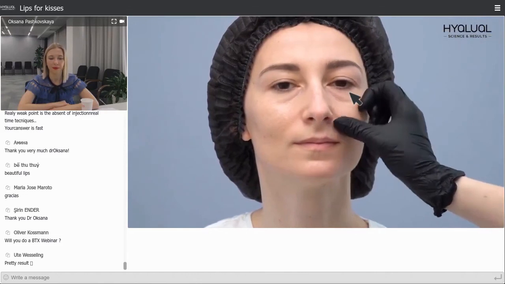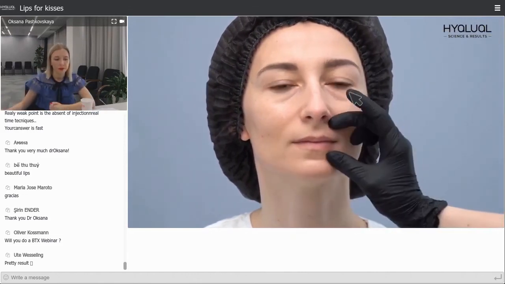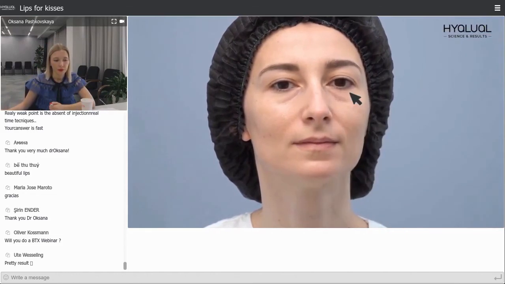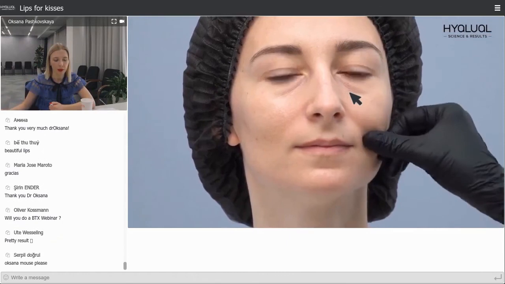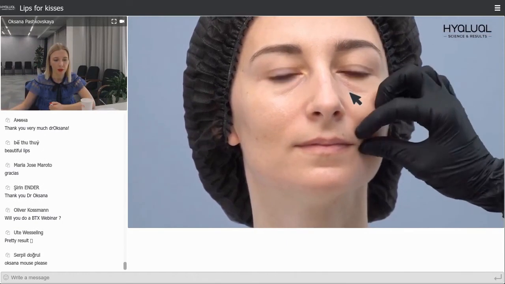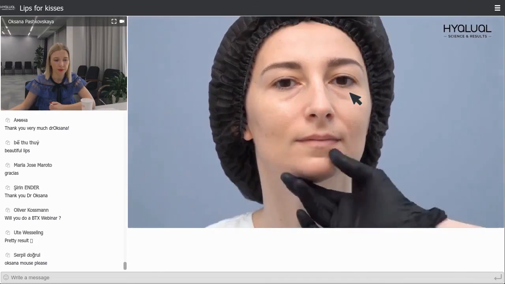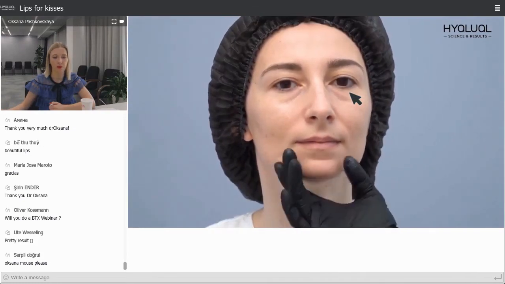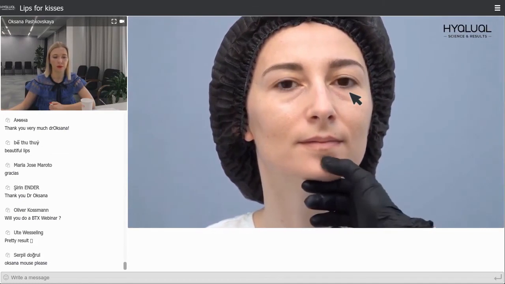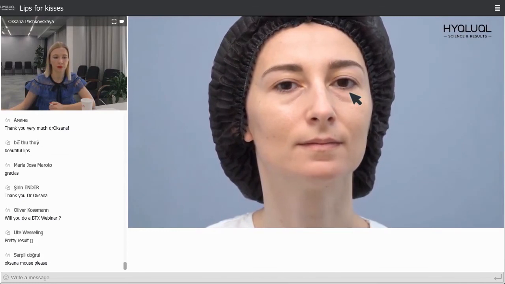The upper lip is a little bit clamped, so our task is to make it higher, to open it, to refresh the lips. Look, the corners of the mouth are in a vertical position, so we could just strengthen them with filler. And also look at the labiomental sulcus. We could also make it smoother using filler.